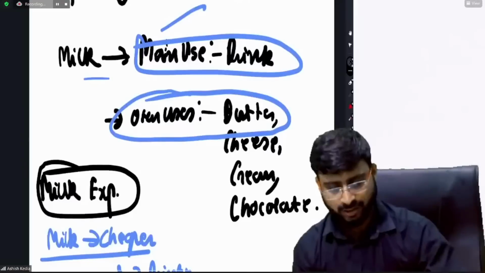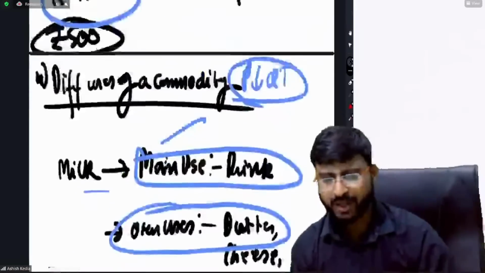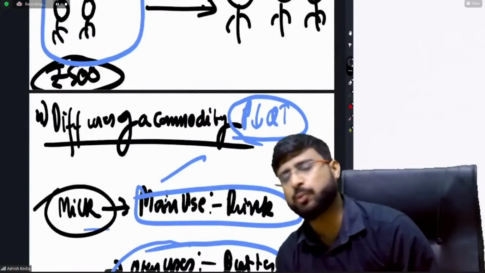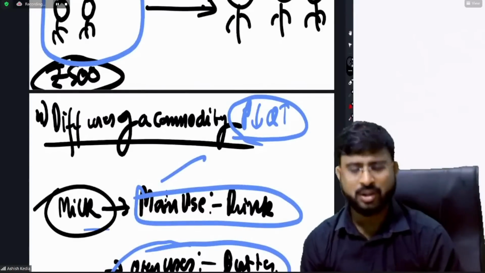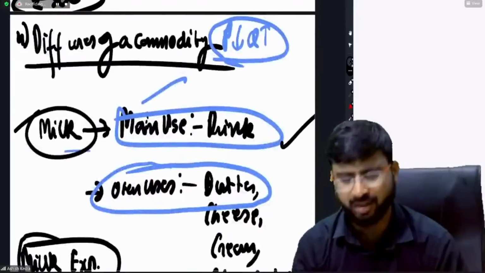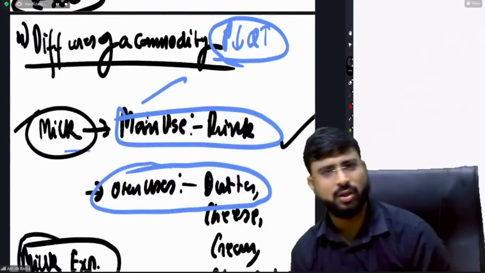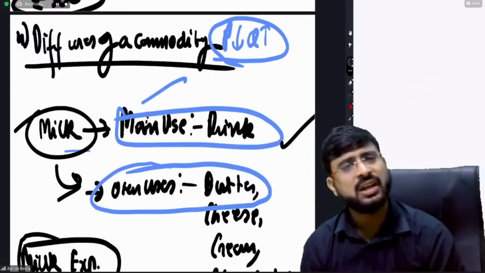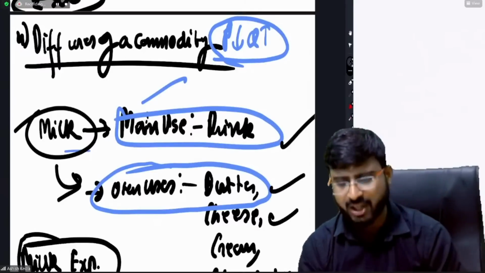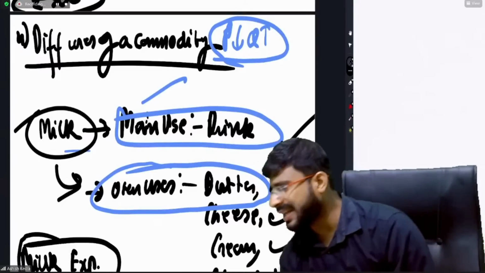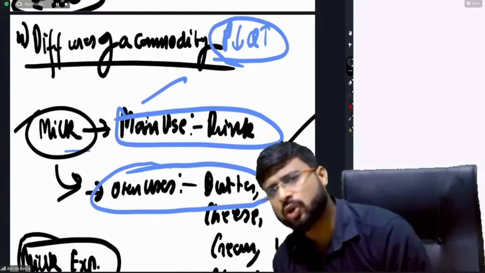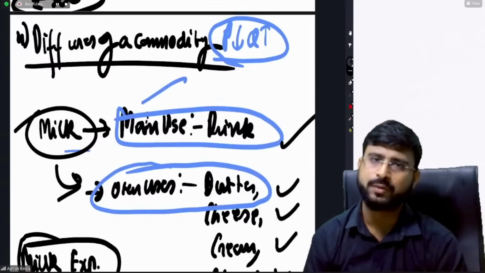This is interesting. Pay attention, everyone. Suppose milk. Milk has a main use, that we drink milk in the form of tea or coffee or as it is. And milk has other uses, like we can manufacture butter, cheese or cream out of it. Yes or no? Yes, sir, you are correct.